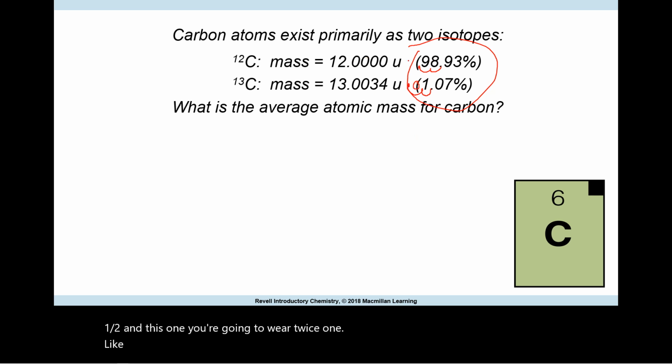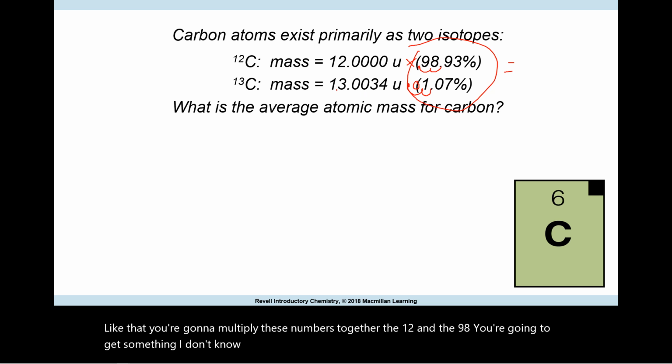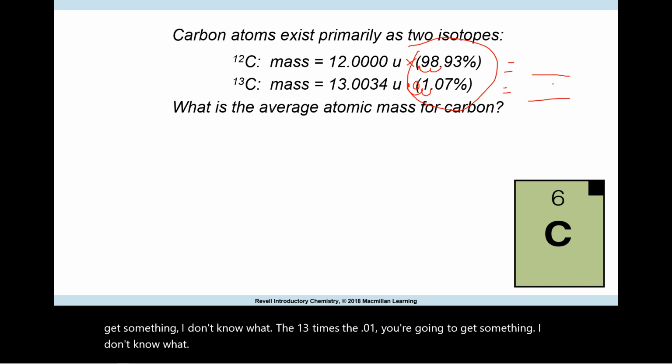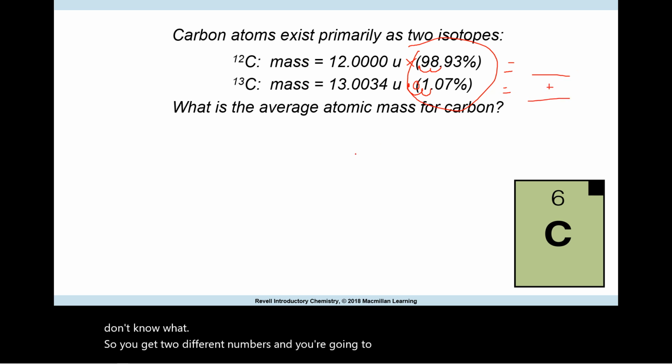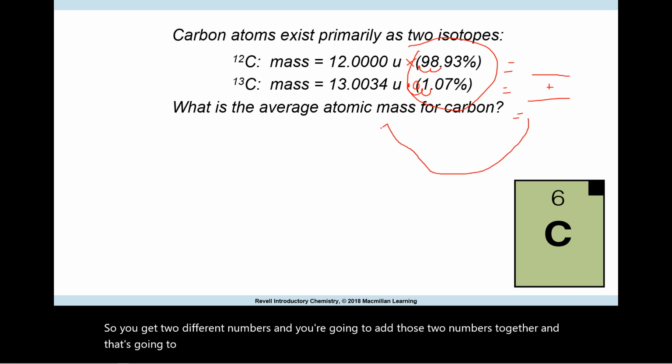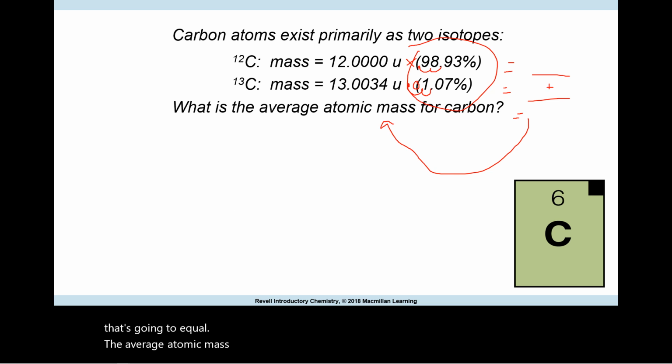You're going to multiply the 12 and the 0.98, and you're going to get something, I don't know what. The 13 times the 0.01, you're going to get something, I don't know what. So you get two different numbers, and you're going to add those two numbers together, and that's going to equal the average atomic mass of carbon.